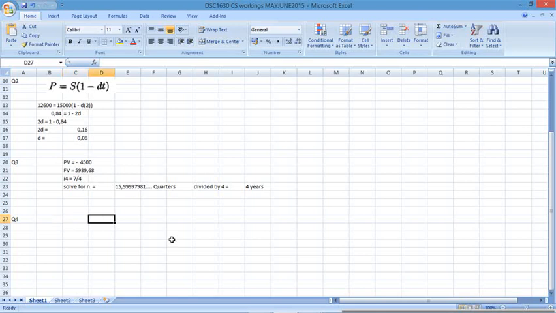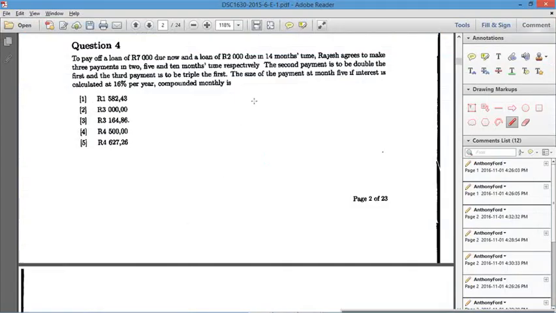Okay, so what are those two amounts? Those two amounts are loans. Rajesh agrees to make 3 payments in 2, 5 and 10 months time respectively.